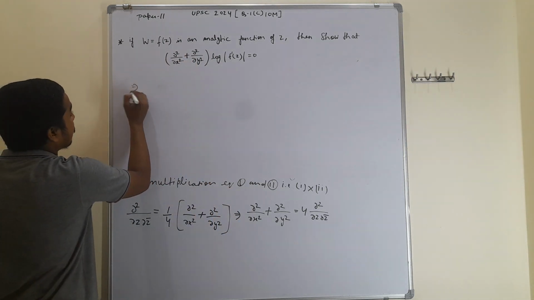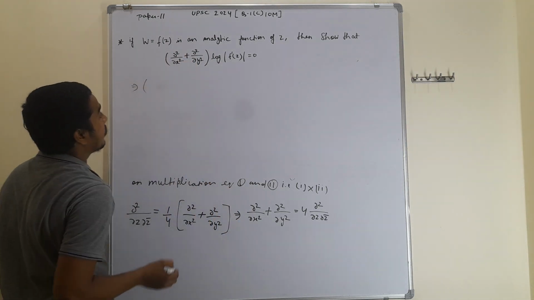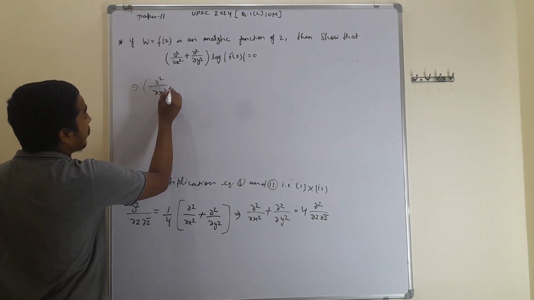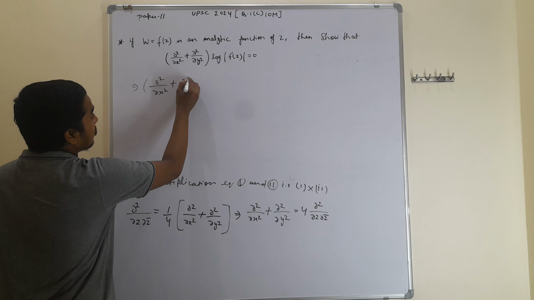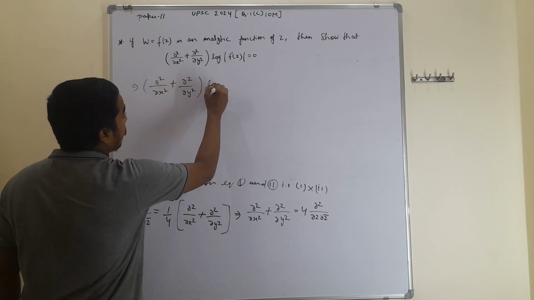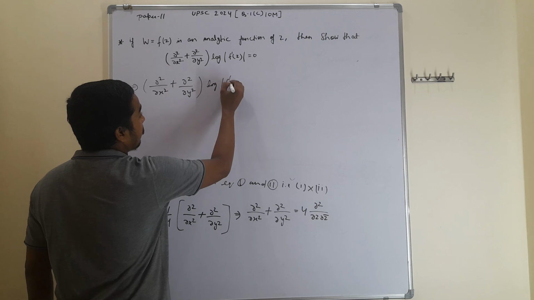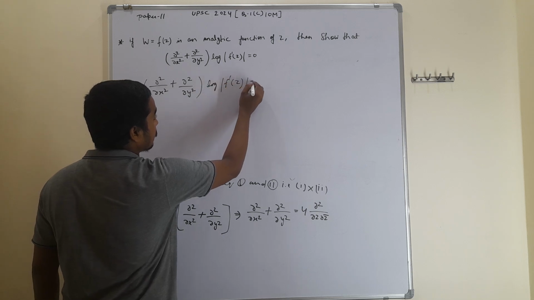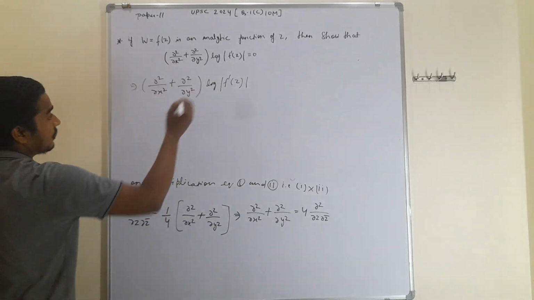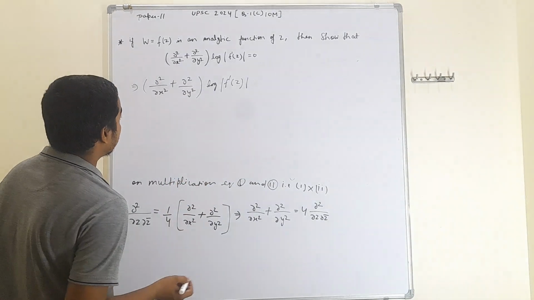Using the given condition, taking the left hand side, ∂²/∂x² + ∂²/∂y² log|f'(z)|, we have to prove that this is equal to 0.